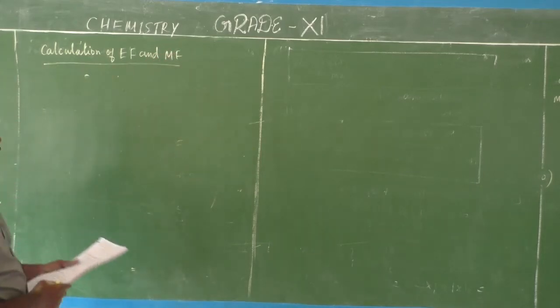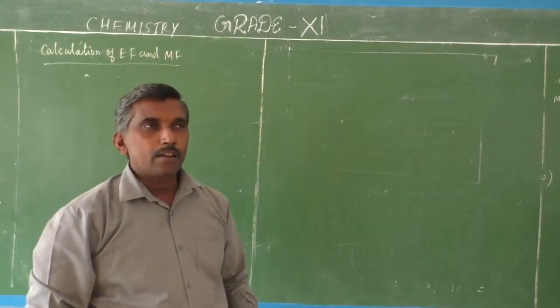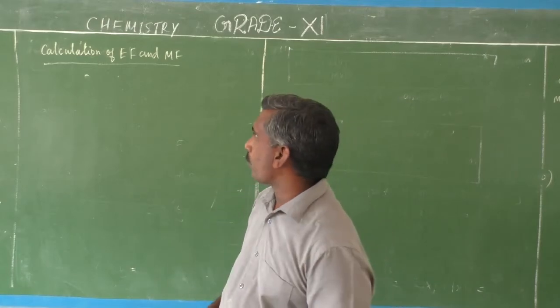There are 5 steps in the calculation of the molecular formula and empirical formula.